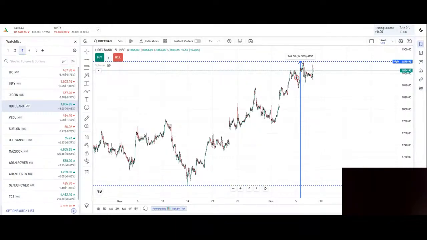HDFC to me still looks very strong, with great potential and strength of going up. If I'm not wrong, HDFC has already crossed its 52-week high.